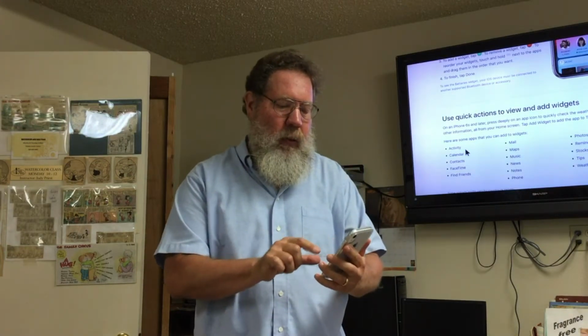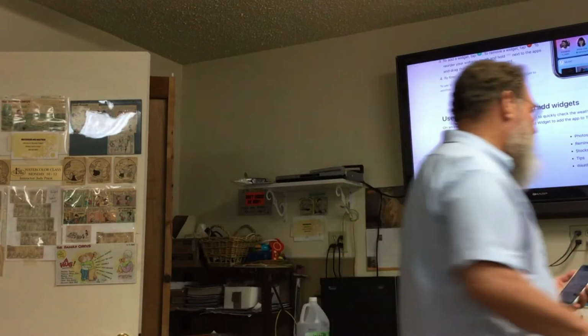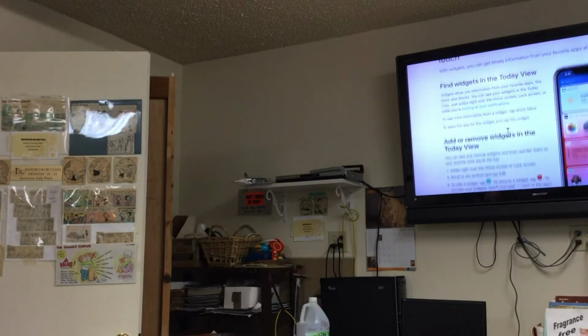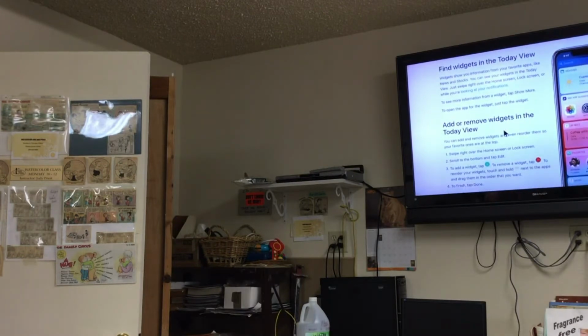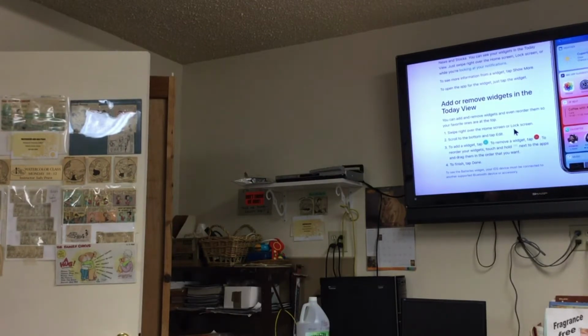Okay, so how do you add and remove widgets? Well, that's a good question. Why don't we look at the document here? To add or remove widgets, you just swipe right over the home screen or lock screen, scroll down to the bottom. On the bottom it says edit.